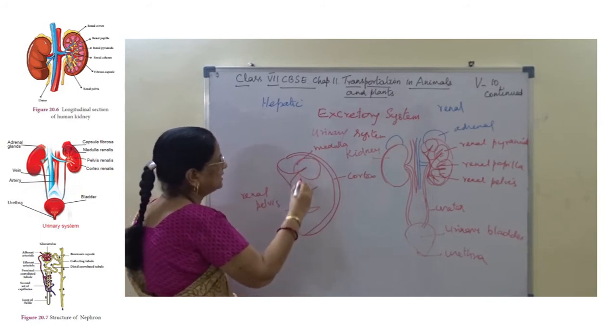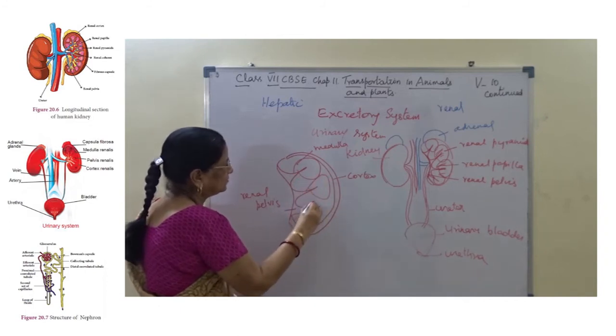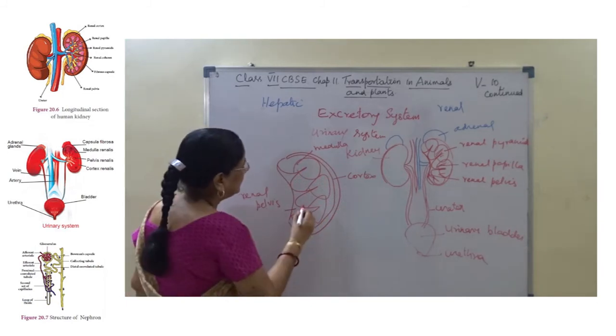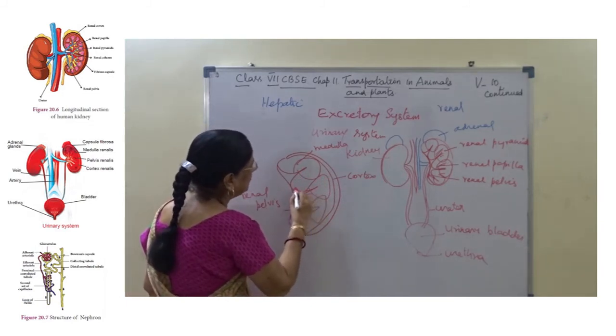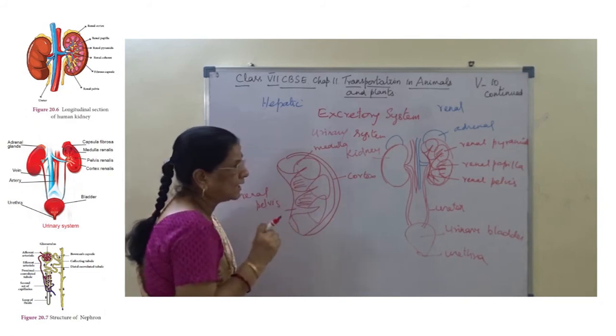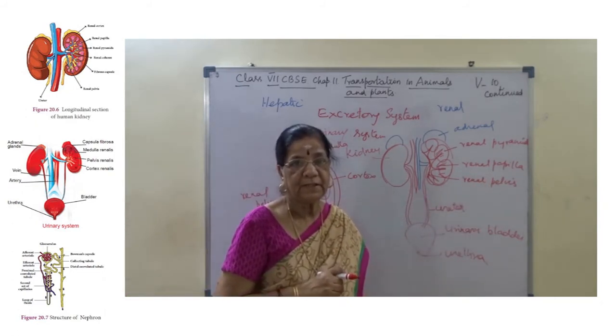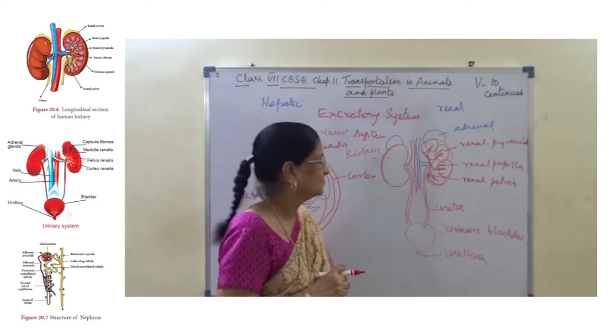And this forming structure like this, pyramid. So this is renal pyramid. And then it gives rise to numerous hair-like structures that are called renal papillae. I hope you understand.